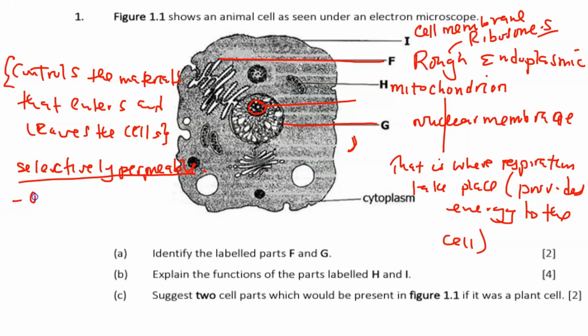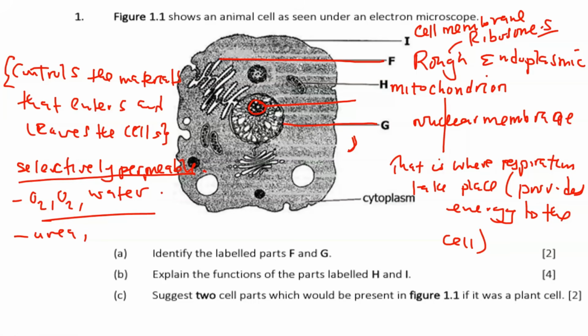Small substances such as oxygen, carbon dioxide, and of course water are able to enter and leave the cell freely, but large materials such as urea and other substances are not able to enter or leave the cell. So that is what selectively permeable means.